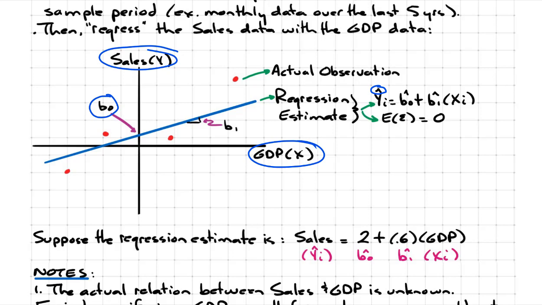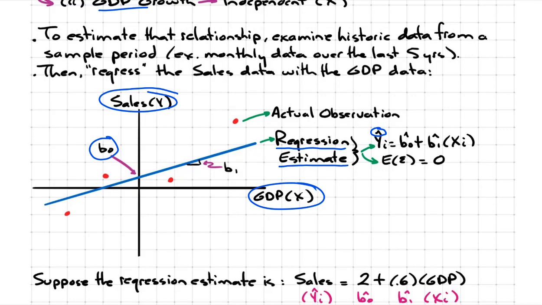And here's why, ladies and gentlemen. Because regression only estimates the relationship between sales and GDP. Why is that? Because look at where we got this regression line from. We only used 5 years worth of data. So basically, we're using sample observations to express the relationship between sales and GDP.